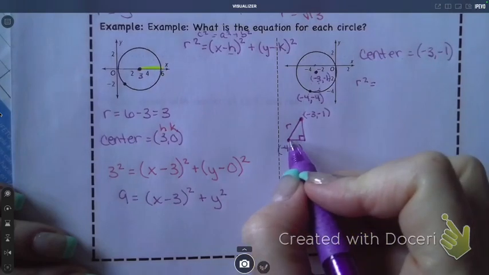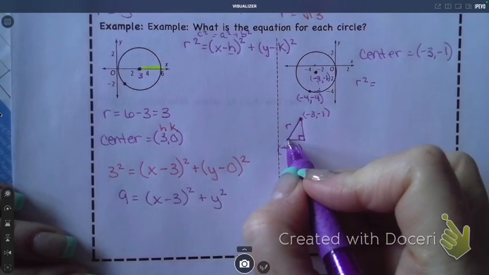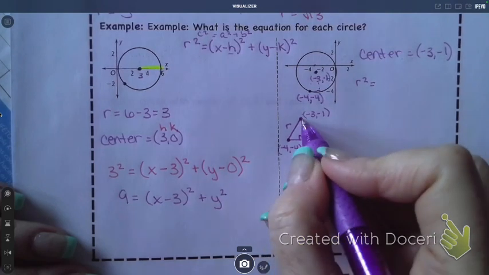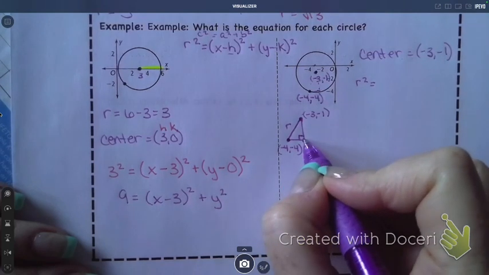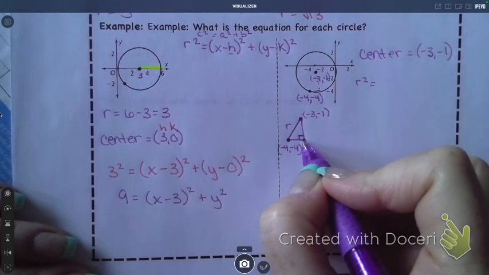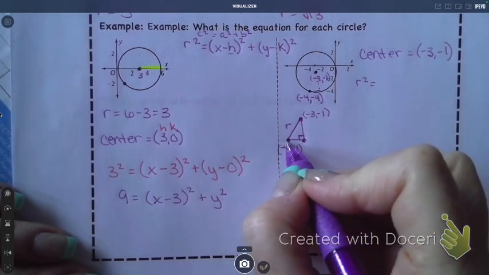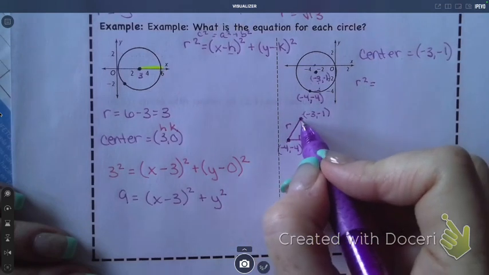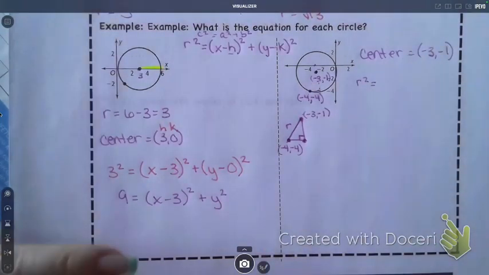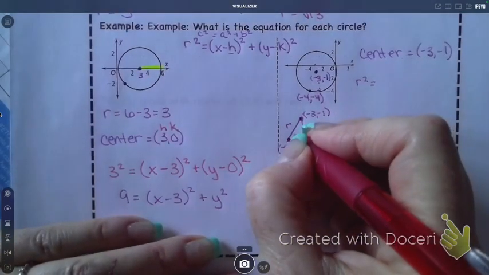So if this is -4 for my x, and this is -3 for my y, how far is it from here to here? It's 1. If this is -4 and this is -3, the difference between -4 and -3 is 1.